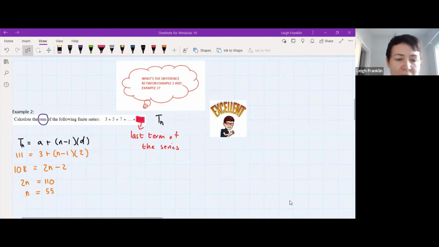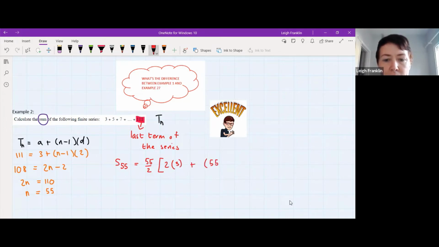Now that we know how many terms there are in the series, we can do the sum of the series. So now we're going to use our other formula. The sum to 55, Sn, equals n over 2, so 55 over 2, brackets, 2a plus (n minus 1)d. And our difference in this case was 2.